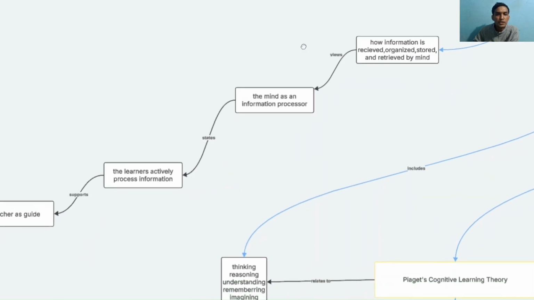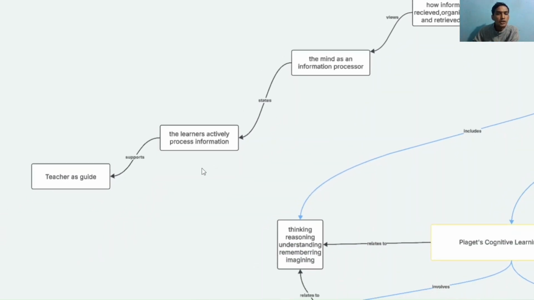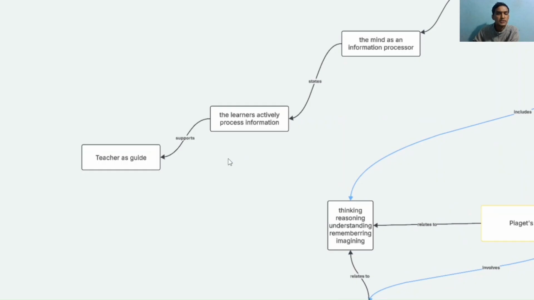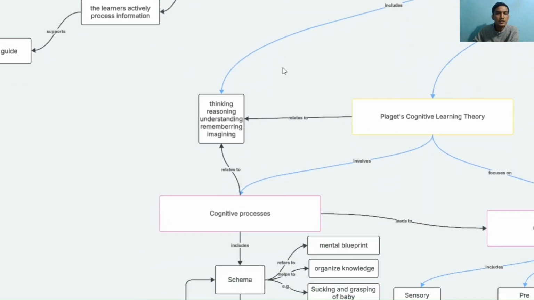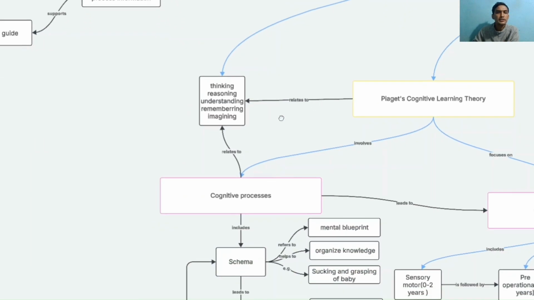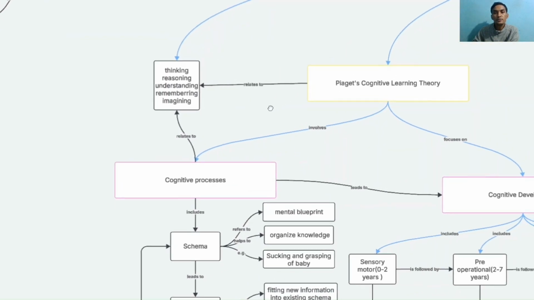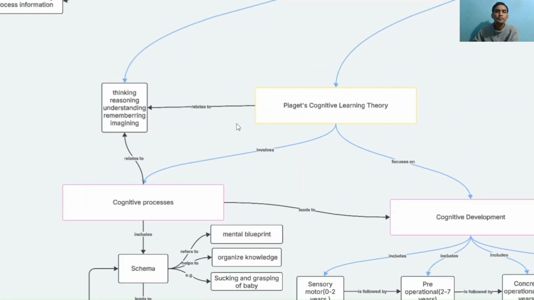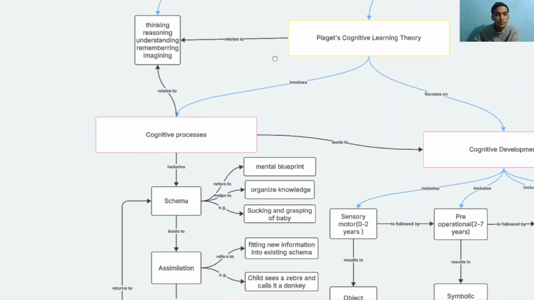It views the mind as an information processor, which states that learners actively process information, and it supports the teacher as a guide. It includes thinking, reasoning, understanding, remembering, and imagining. Cognitivism includes Piaget's cognitive learning theory, which involves cognitive process and cognitive development.